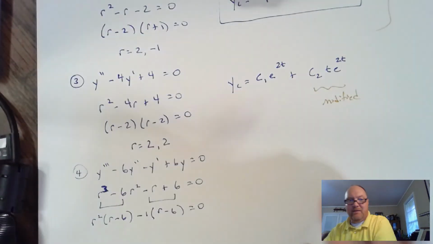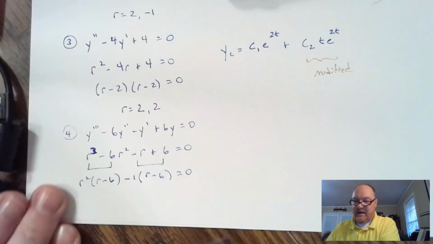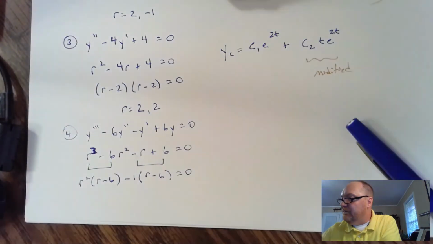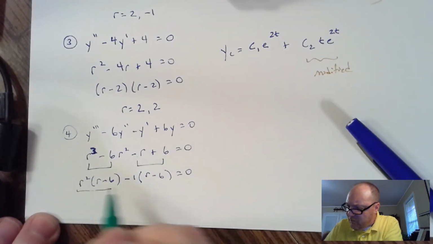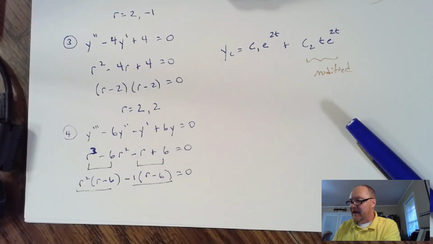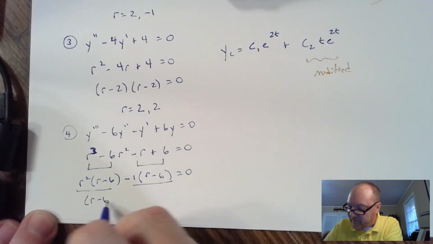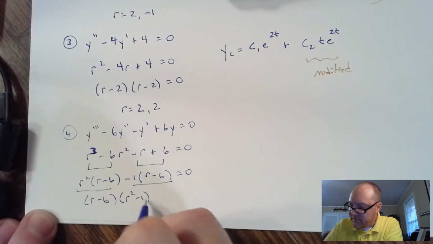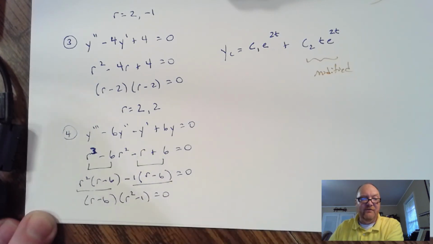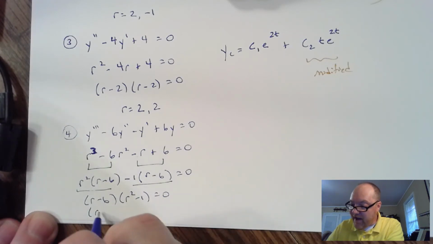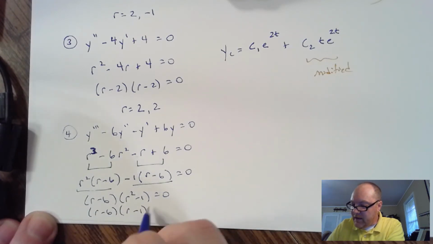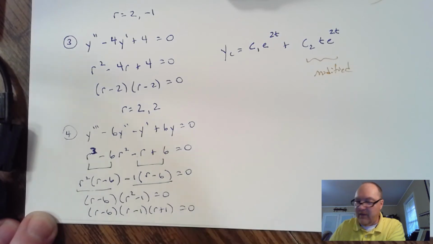To do that, I always tell students, and again, you graduate students know this, I can treat that as 2 terms and take out an r minus 6. And so I'm left with r minus 6 times r squared minus 1, which also factors into r minus 1, r plus 1.